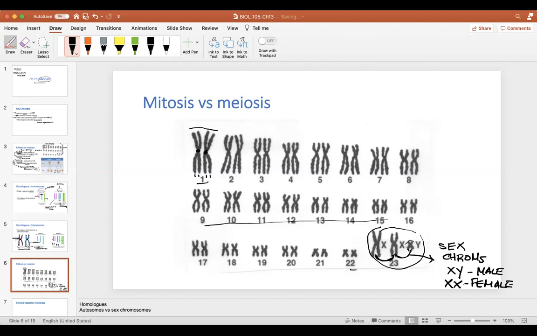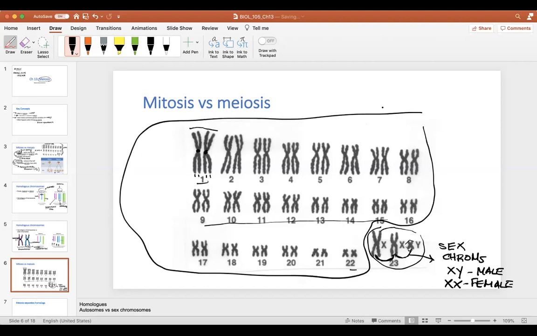Okay? So these sex chromosomes are different from the rest of the chromosomes. The rest of the chromosomes are what we call autosomes. And those are the same in everybody in terms of their size and shape. Okay, whether you're male or female, you have autosomes that look like this.